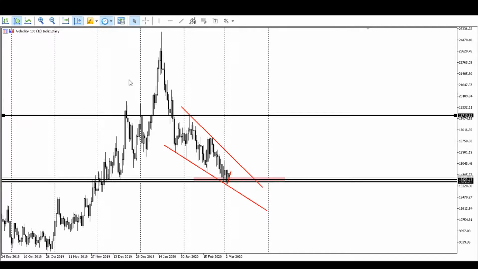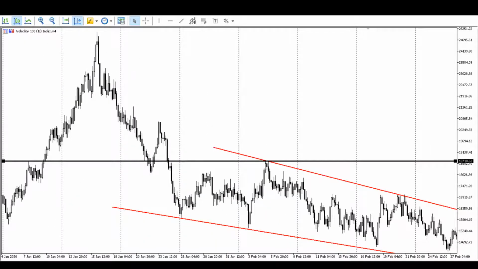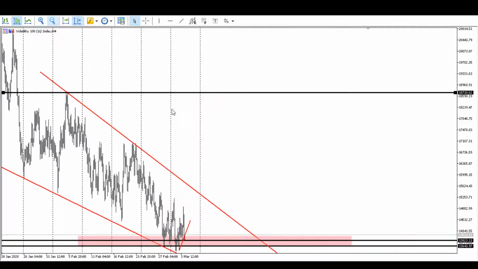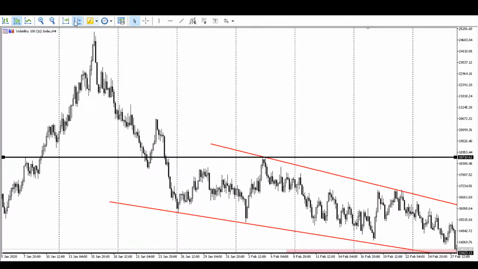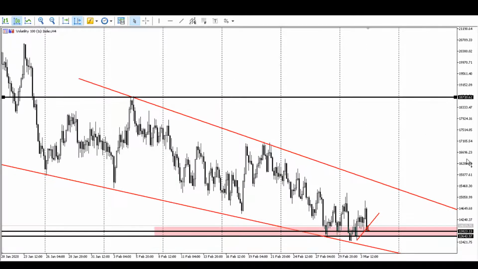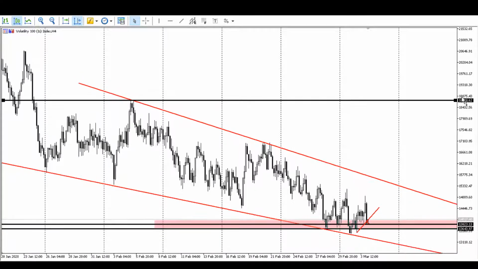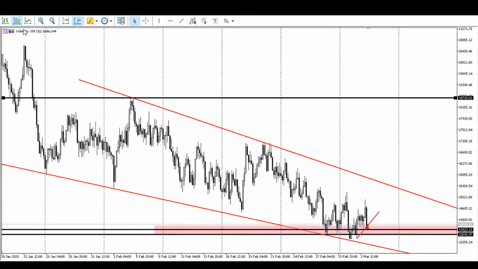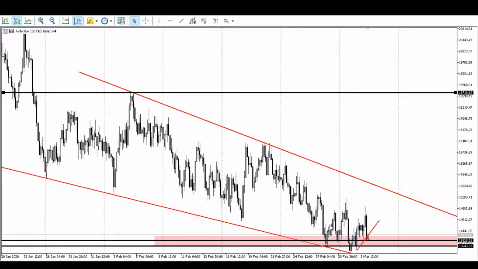So I will go to the H4 time frame. When you are in the H4 time frame, you get the weekly range. Each period separator is 1 week, 1 week, 1 week. So still the previous week, which is the last week of the last month, this one.